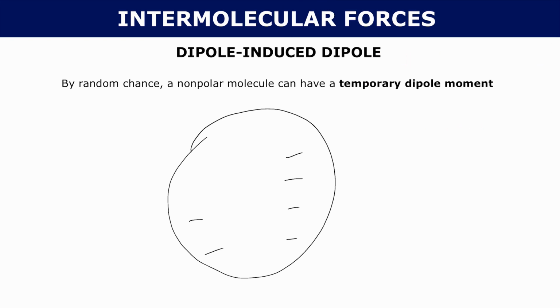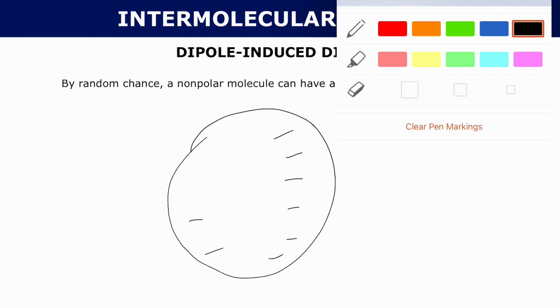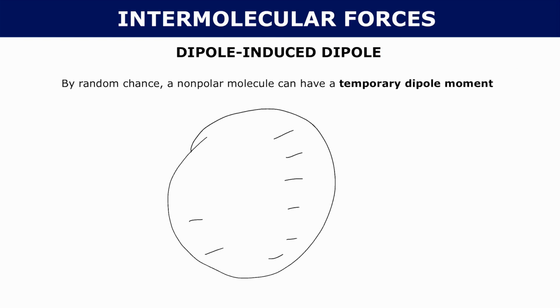Let's say there's more electrons on this side as opposed to the other side. Well, what that's done to the compound is that it's become a dipole for a slight moment of time. There's a partial negative charge on the right-hand side and a partial positive charge on the left-hand side. We call this a temporary dipole moment.